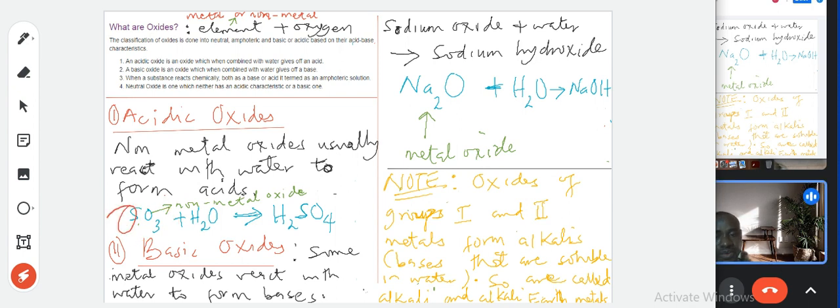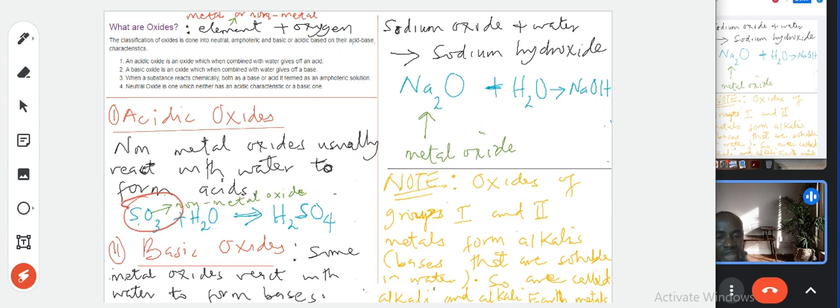You know, sulfur is a non-metal. Give me an example of a non-metal. Oxygen. Well, oxygen is a non-metal, but we cannot say oxygen oxide. So give me any other non-metal so that I can talk about non-metal oxides. Sulfur oxide, you understand? Nitrogen oxide and so on.